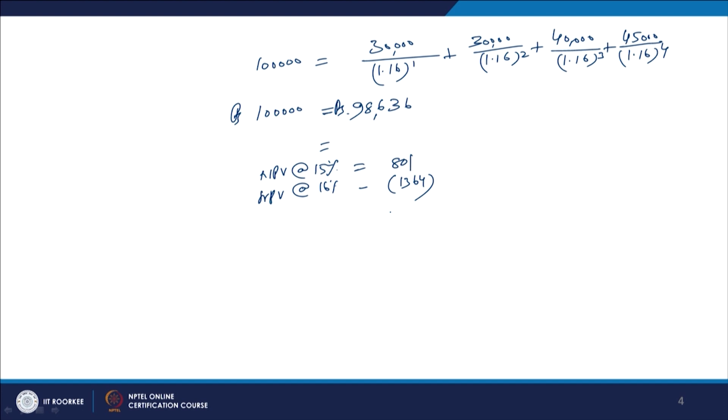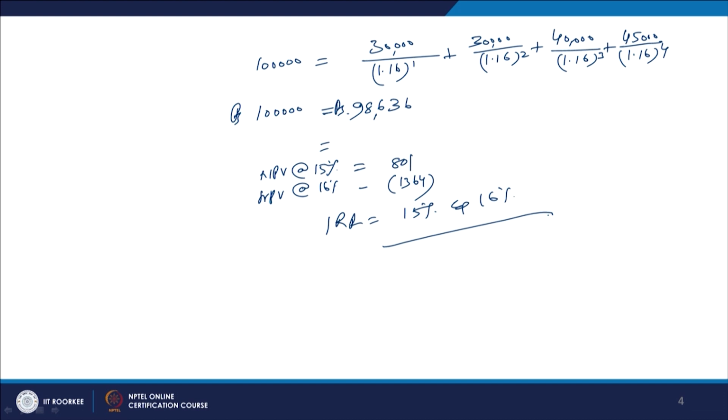One is positive, one is negative. It means the internal rate of return from this project, IRR, is somewhere between 15% and 16%. But our job is to find out the exact discount rate that lies between 15 and 16%.